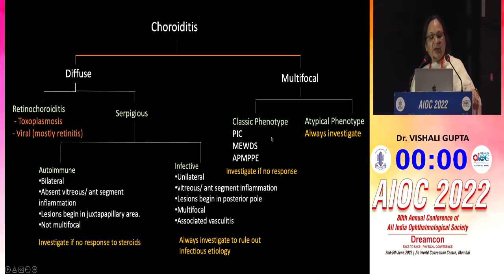It could be multifocal, which could have a very classical phenotype. I haven't touched this point because of the time shortage, but PIC, MEWDS, AMPPE, very, very classical. Just start whatever you want to do. But atypical phenotype, like my patient with sympathetic ophthalmia had atypical phenotype. So always, always investigate before you treat.